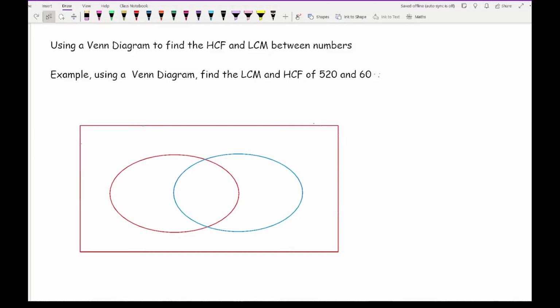Now, if this question comes up on a calculator paper and you've got a newer Casio calculator, then your Casio calculator has got a feature which allows you to convert numbers as a product of their primes without having to draw a factor tree.